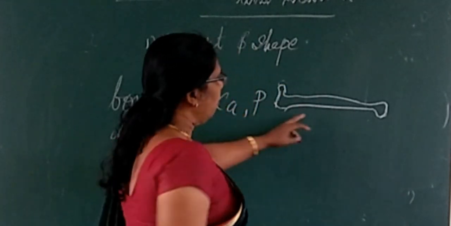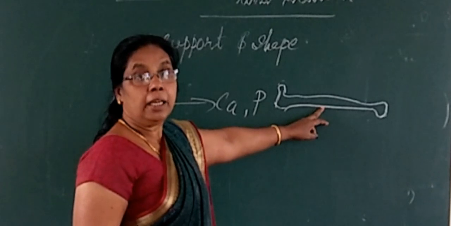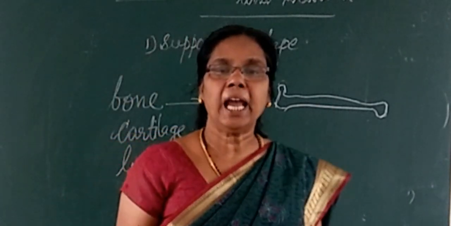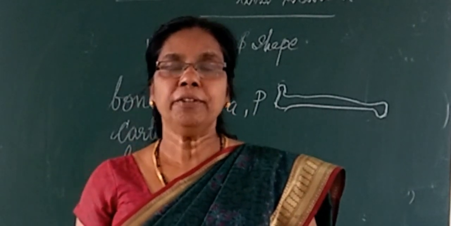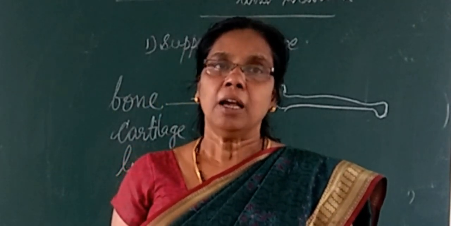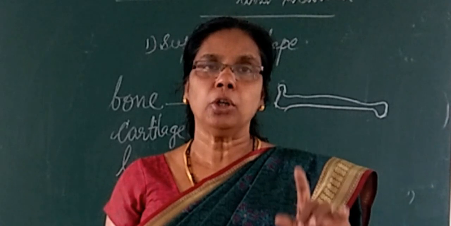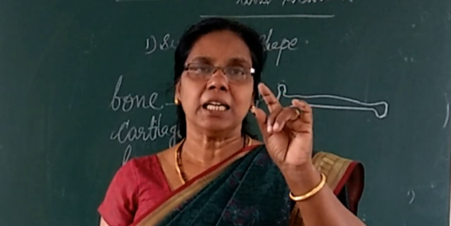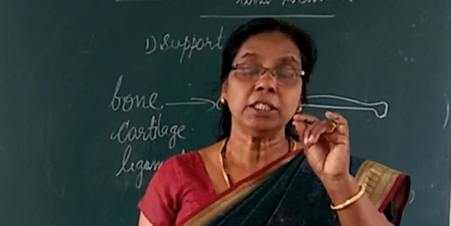Inside this long bone there is a hollow cavity, and this hollow cavity is filled with a substance called bone marrow. So the long bone is filled with a substance called what?